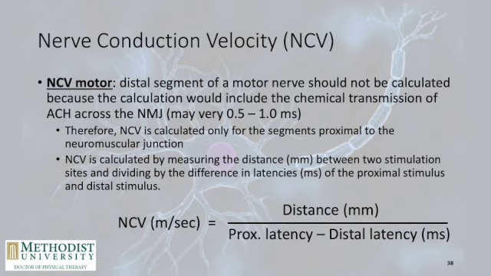So that's why we use latency, because the latency gives us the actual nerve potential as opposed to the time it takes to send in the chemicals and then have the nerve potential. So what we do is take the distance between the two stimulation sites, divide that by the difference in latencies, and that's going to give you a true velocity and not a velocity with all the extra stuff added in.